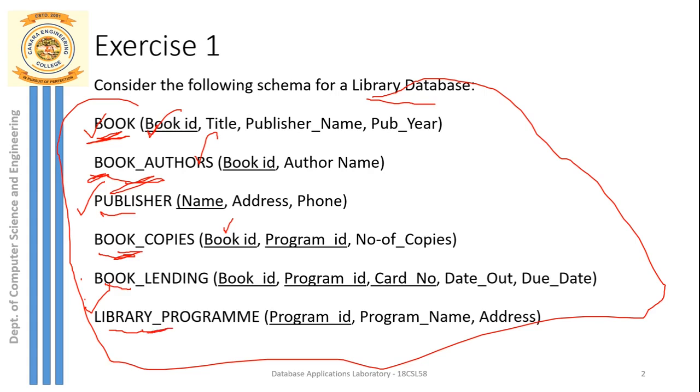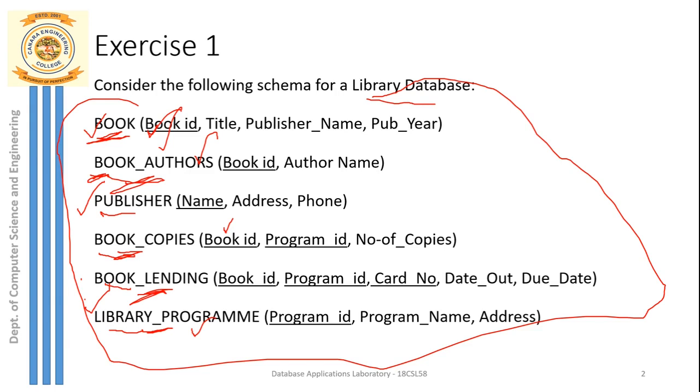We also have one more relation, book lending, which relates the book table and the library table. So we can call this schema a collection of entities and relationships, or a collection of different tables. In general, we can call all these different tables.